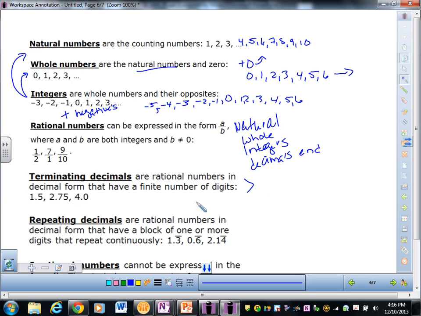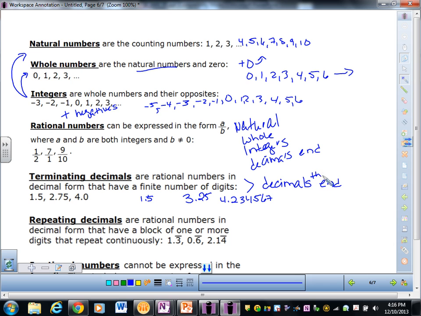That means that they have an end to them. So like you have 1.5, 2.75, 3.25, 4.2, 4, 5, 6, 7. It ends right there. Any decimals that end are called terminating decimals.